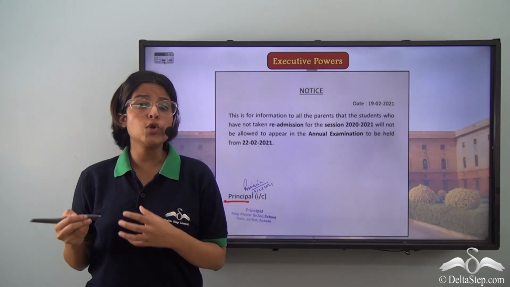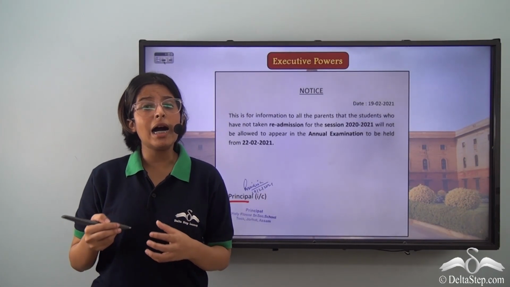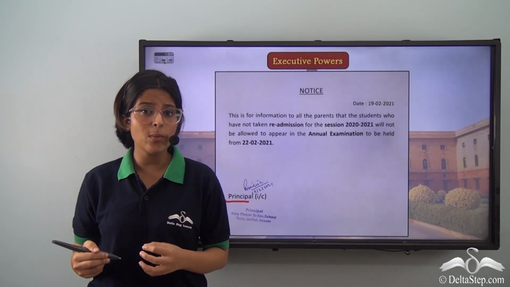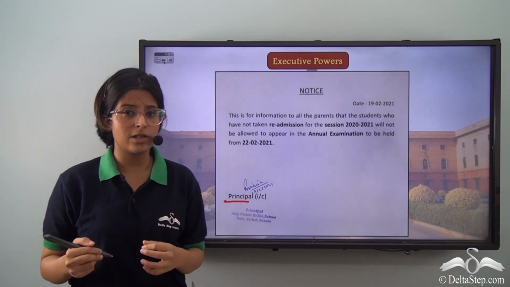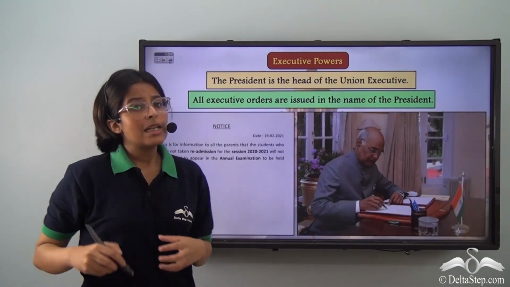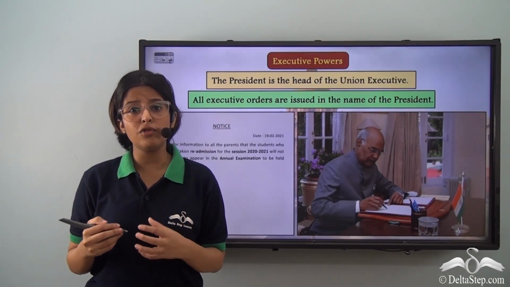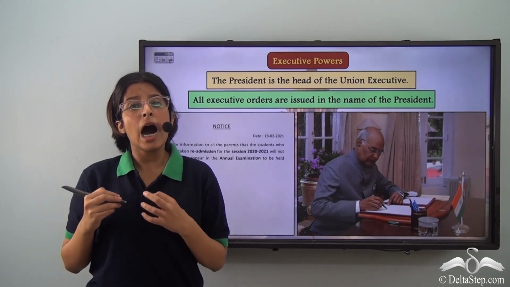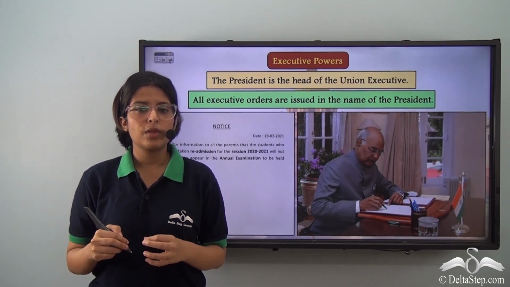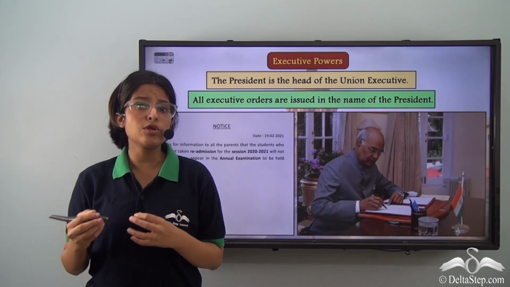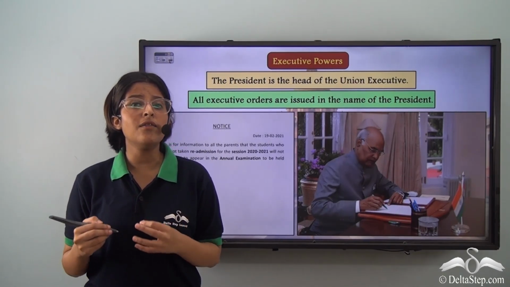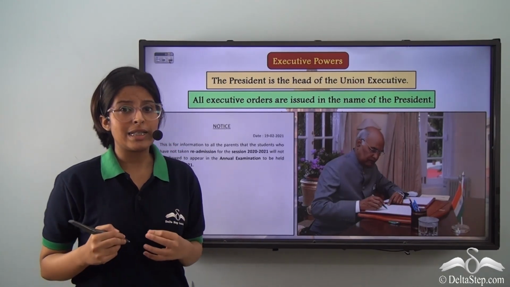Just as all of the notices sent by your school are considered authentic only when they have the principal's signature, similarly, the notices or the decisions and orders of the government are considered authentic under the name of the President. So, the executive powers of the Union are vested in the President.